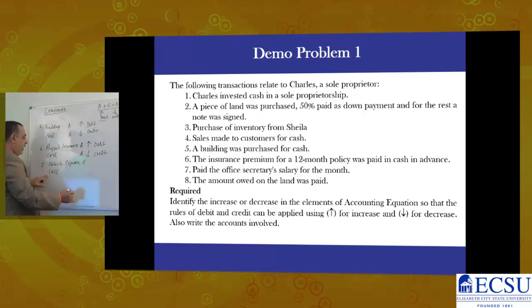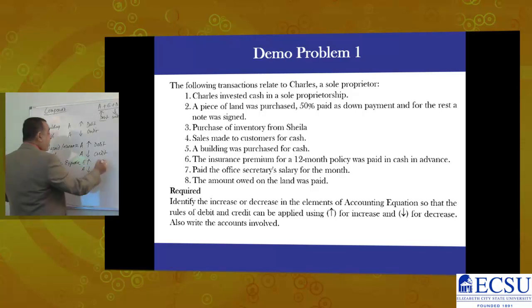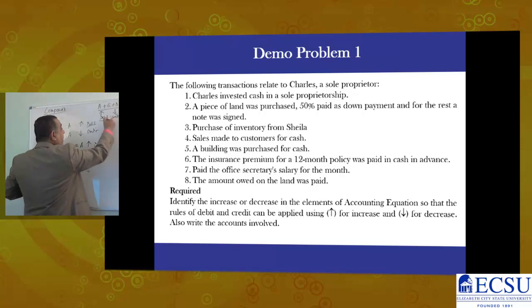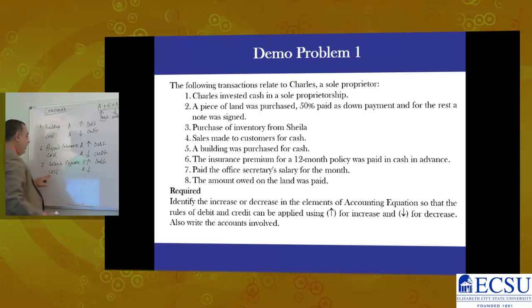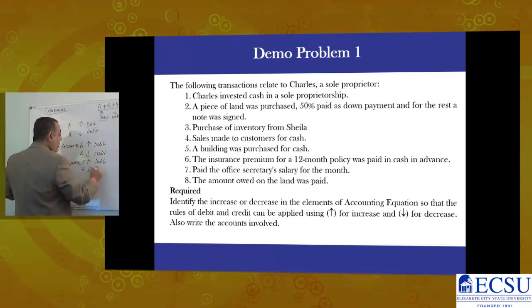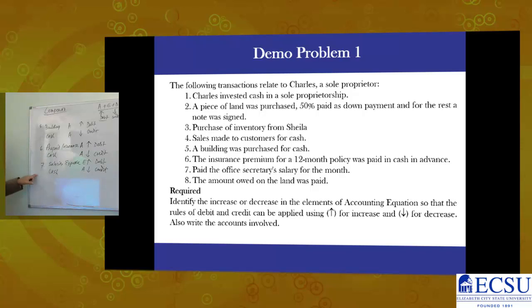Expense is of course an expense account. Cash is an asset, decreasing because I'm paying that out. Now expense, when they increase, it will be a debit, and cash, when it decreases, it will be a credit. So that is how we handle number 7.